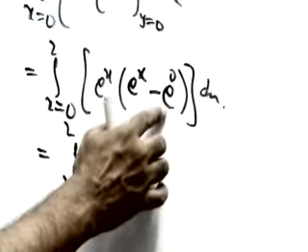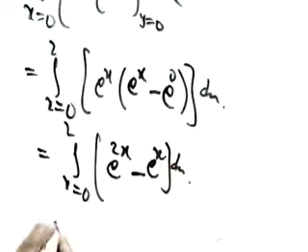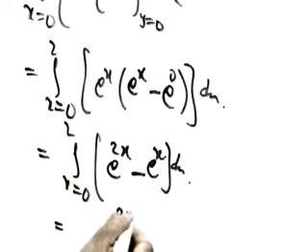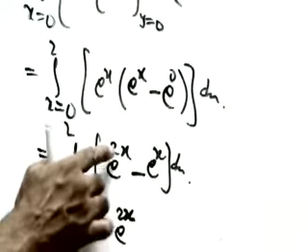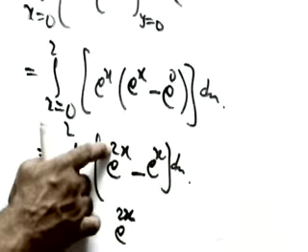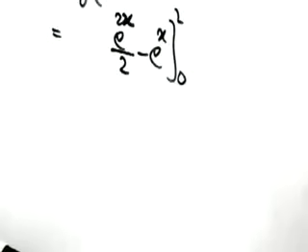Now minus e power 0, which is 1, so 1 into e power x, dx. Now let me integrate with respect to x. Integration of e power x is e power x. But whenever we have a constant coefficient other than 1 with x, we have to divide by it. We have 2 here, so in integration we have to divide by 2. Minus integration of e power x, which is e power x, from 0 to 2.